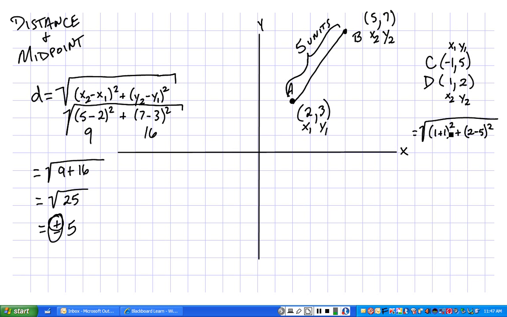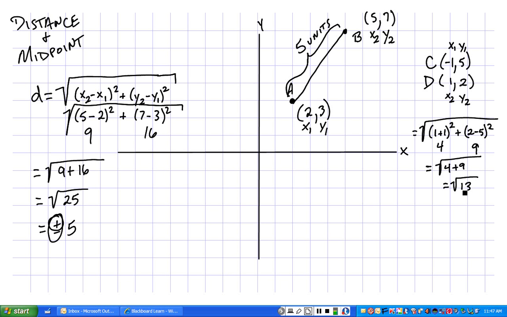So 1 plus 1 is 2, 2 squared, 4. 2 minus 5 is -3. -3 squared is 9. Okay, so what we're looking at is square root of 4 plus 9, which equals square root of 13. Alright, 13 cannot be simplified any further.